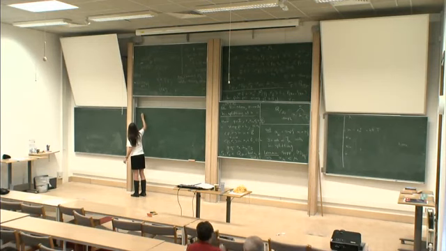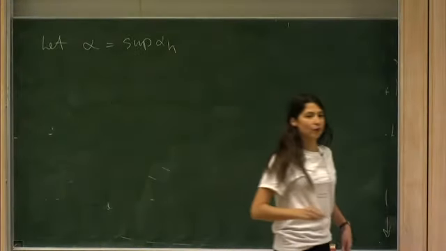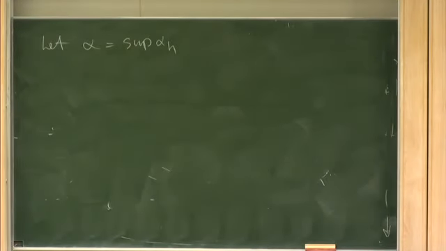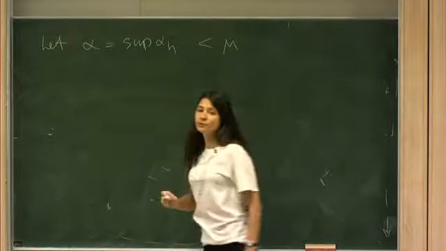So now let alpha be the sup of the alpha_h's. I mean that there are fewer than mu many stems, so this is less than mu.